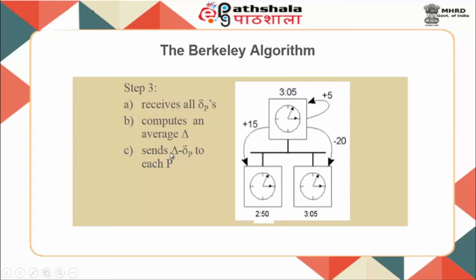So, our value is 5 for capital delta, and this process had sent a minus 10. So, 5 minus minus 10 will become plus 15. So, it will say advance your clock by plus 15 minutes or units of time.